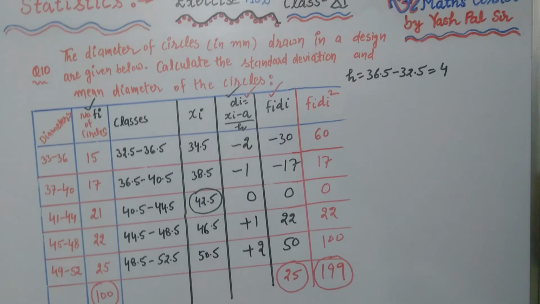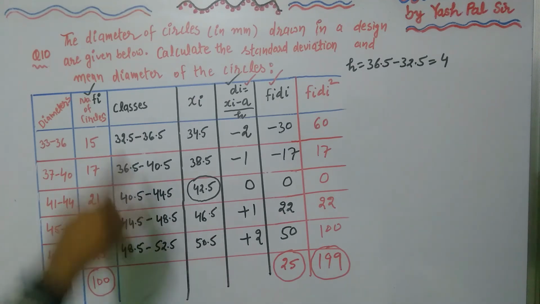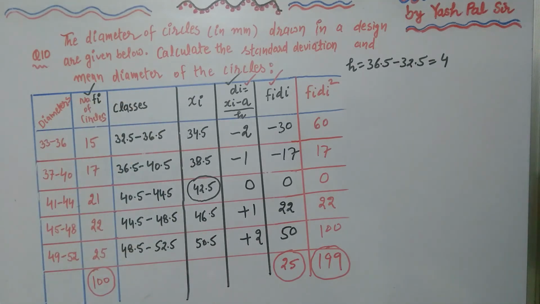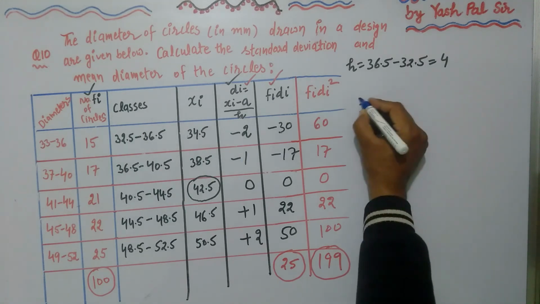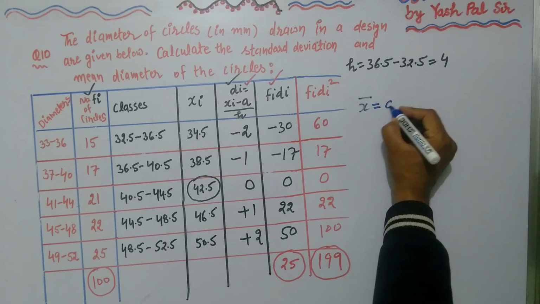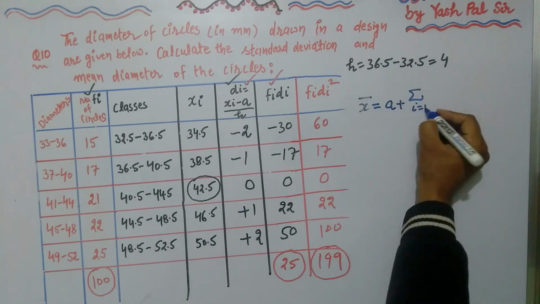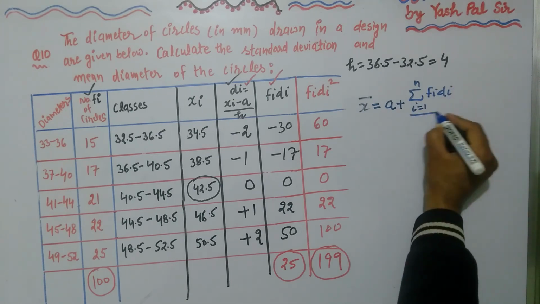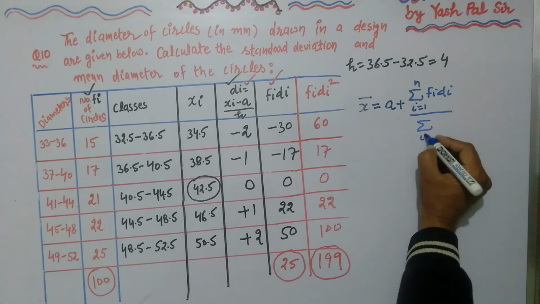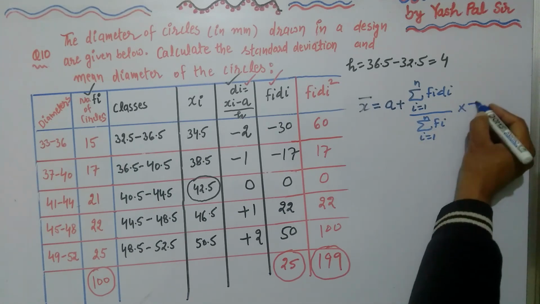Right, now we calculate the mean diameter. How to find the mean diameter? The formula is x bar equals assumed mean plus summation i equal to 1 to n fi di divided by summation i equal to 1 to n fi, into h.